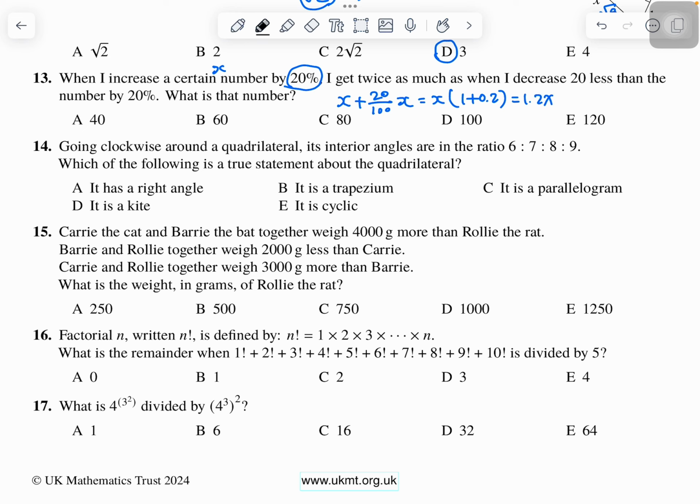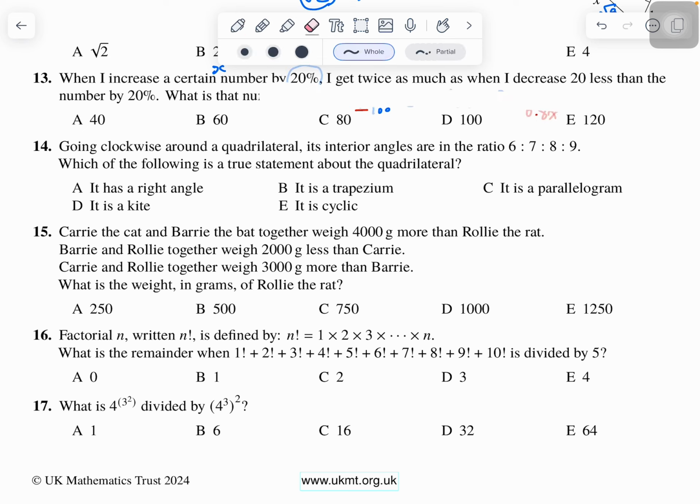That's why if it's decreasing, then it makes 0.8x. So this is how it works. You don't need to calculate from the beginning always. Just get the sense that a 20% increase makes it 1.2, and 10% less is 0.9. A 100% increase means 2x, something like that.